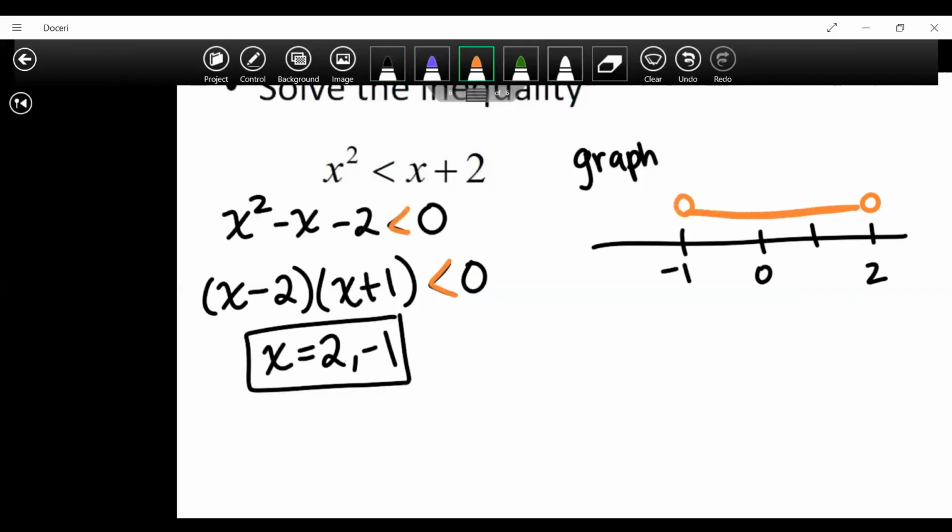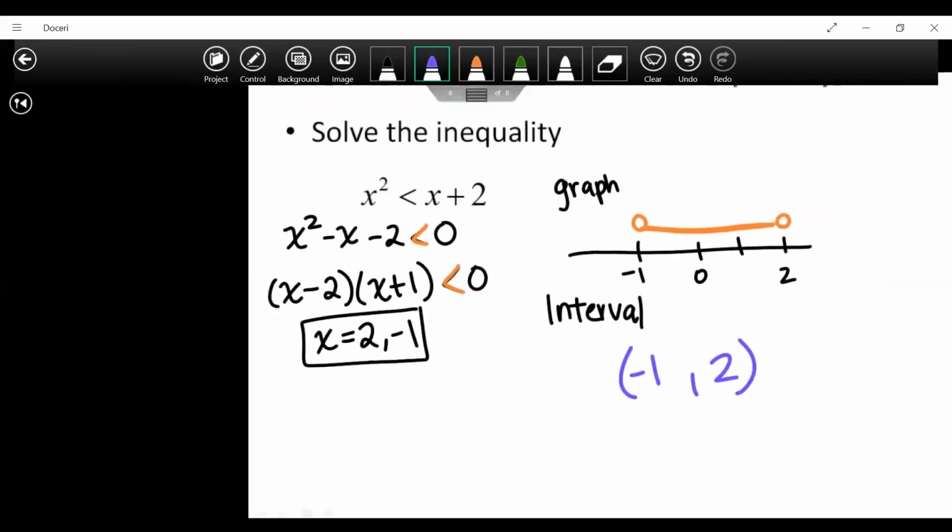And because this is our one solution, we want to write our interval. Open bracket, -1, comma, 2, bracket. Done. Is that what you got? Perfect. That's our solution.